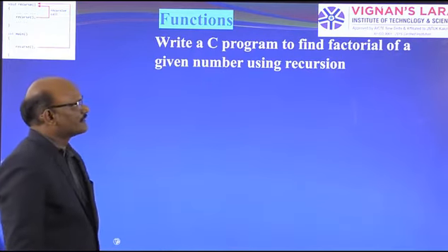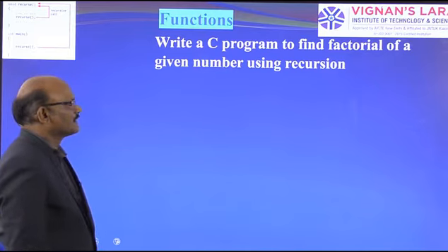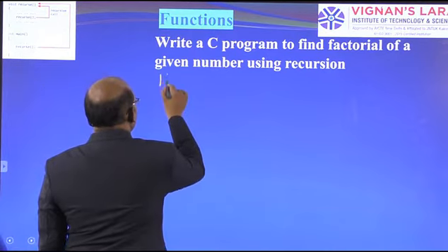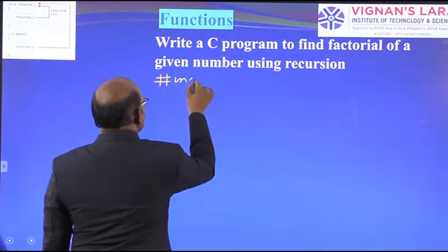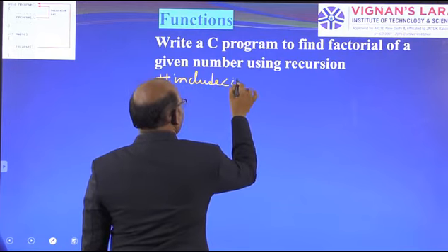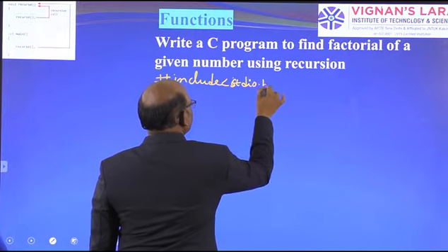Now write a C program to find the factorial of a given number using recursion. First write the header file, #include stdio.h.